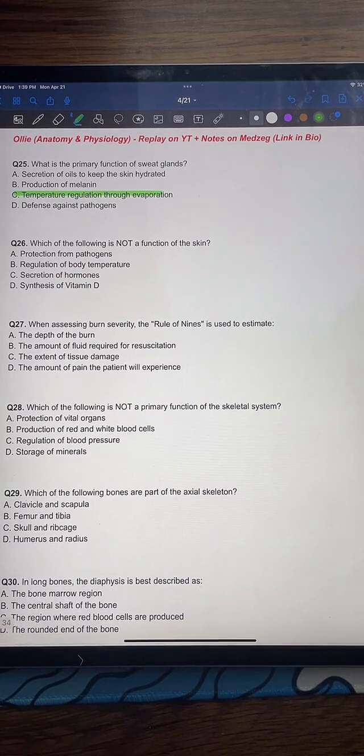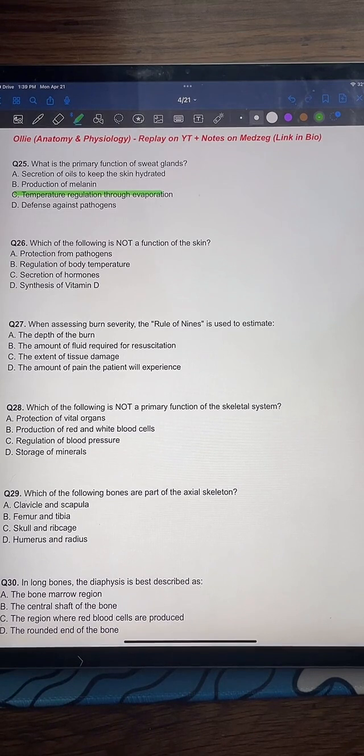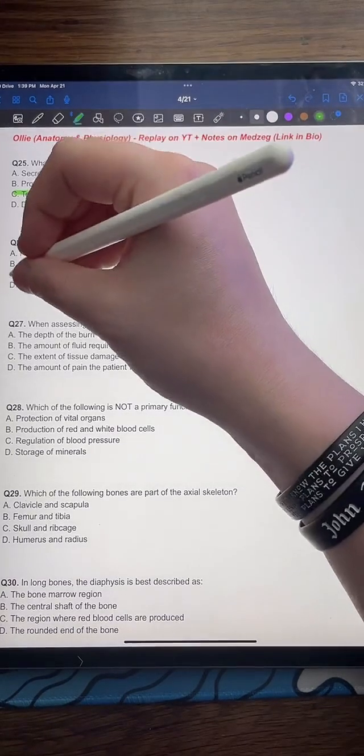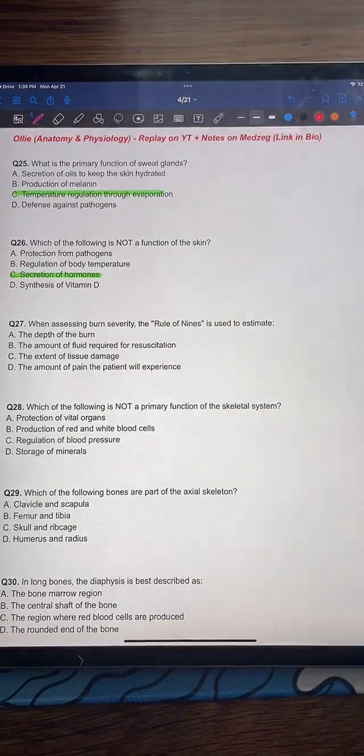Number 26. Which of the following is not a function of skin? Awesome. The answer is C. It is the secretion of hormones. That's done by the endocrine system.